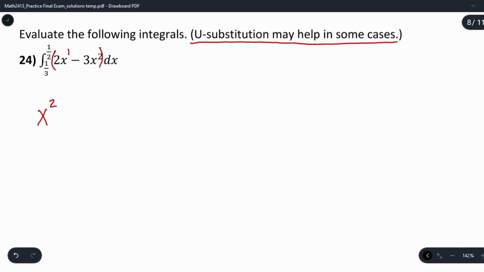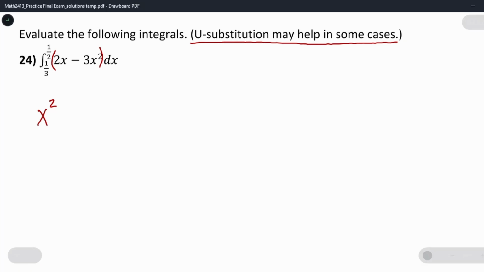We know that because when you do the power rule backwards, you have to add 1 first to the exponent, giving us x squared, and then you divide the coefficient by the new exponent. 2 over 2 is 1. So that's how we get the antiderivative of the first term.